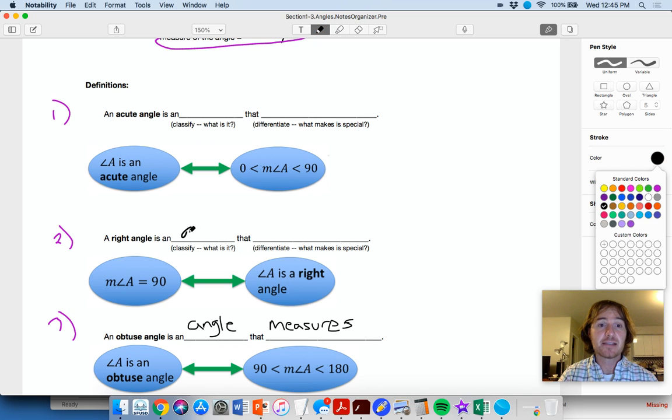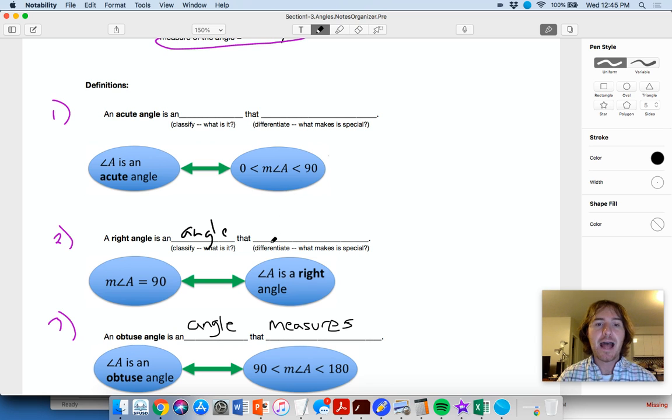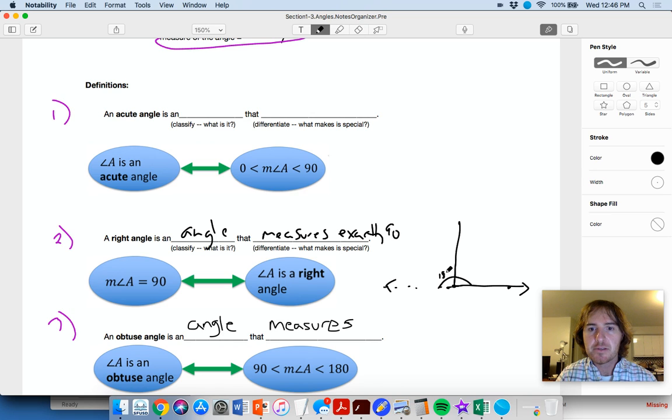And a right angle is an angle that measures exactly 90 degrees. Exactly 90, and that is a right angle. So with a 90-degree angle, it's going to end up looking like this. If this whole thing is 180 degrees, we have a point here, and another ray pointed out here, then technically this whole thing would be 180 degrees.